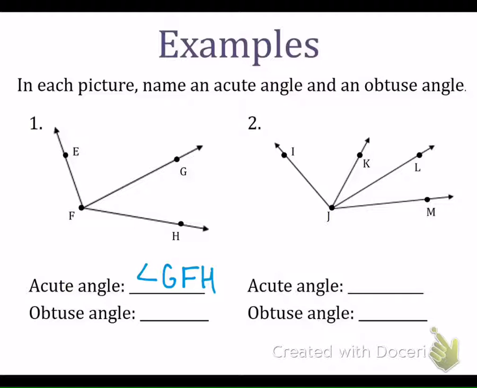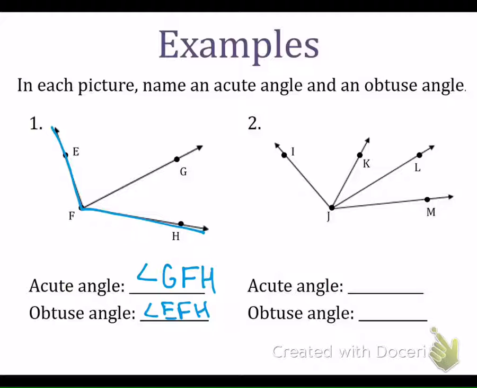Do you have an obtuse angle? What is it? EFH. Yes, that is obviously an obtuse angle, angle EFH. I would avoid EFG. That looks really close to 90 to me. I would not be comfortable calling that acute or obtuse. So that is correct. Good.